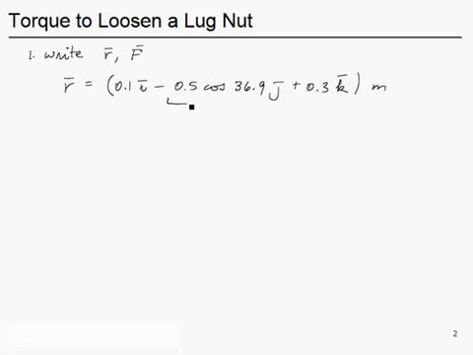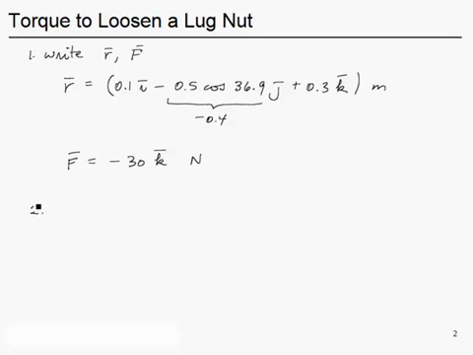When we do the math, this one turns out to be 0.4, and it's in the negative y direction. And then F is easy to define. We're told that it is vertical, so it is minus 30 k. It's got units of newtons. So for this first part of the problem, we know the direction of F, and we can just write it straight away. So that means for the second part of the problem here, we're going to be able to calculate the moment in a pretty convenient way.